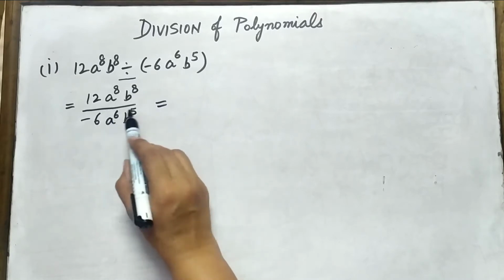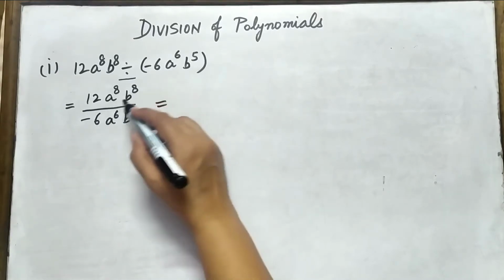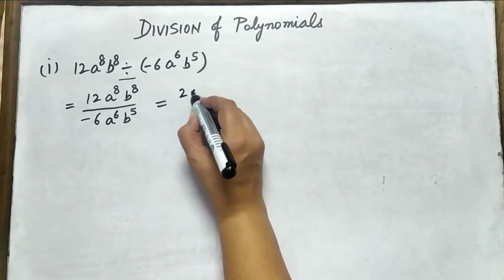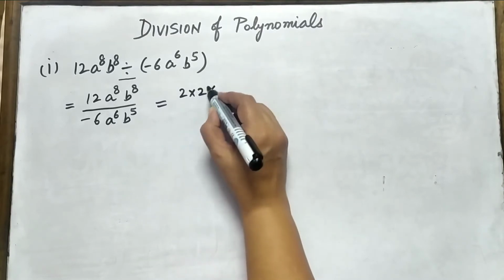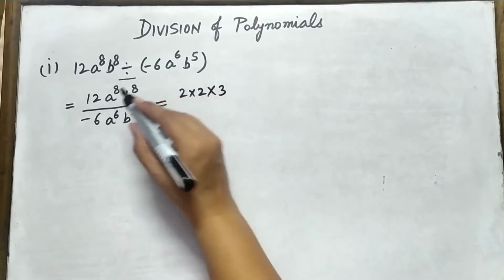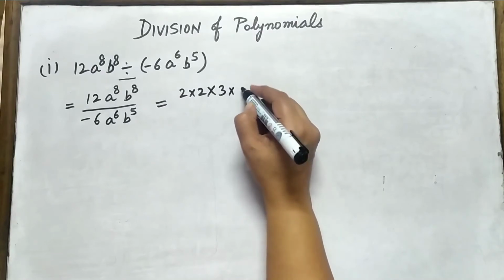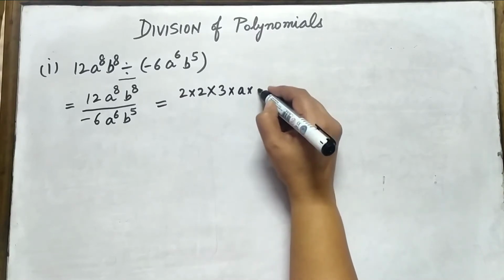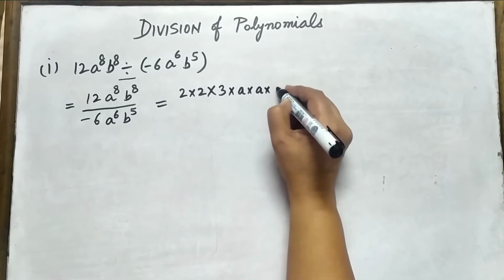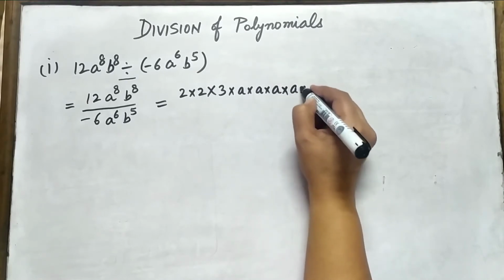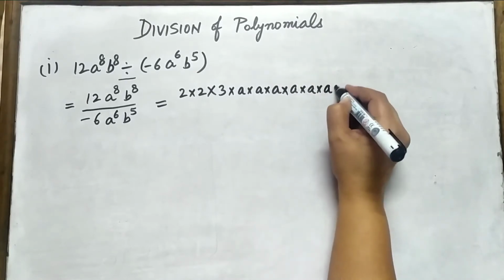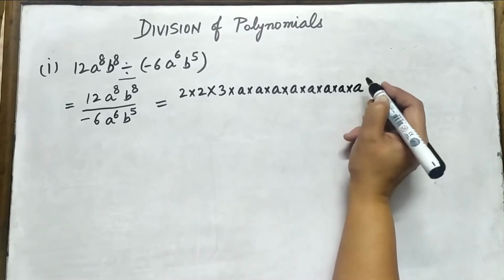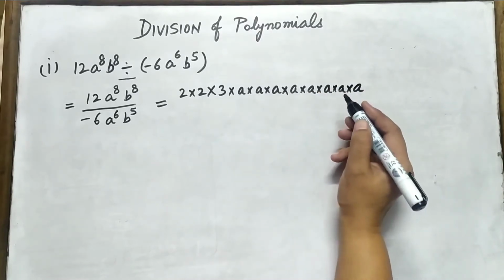Now we make the factors of both the terms. 12 has the factors 2 2s are 4, 4 3s are 12. A raised to power 8 will be written as 8 times a: 1, 2, 3, 4, 5, 6, 7 and 8 times we wrote a.